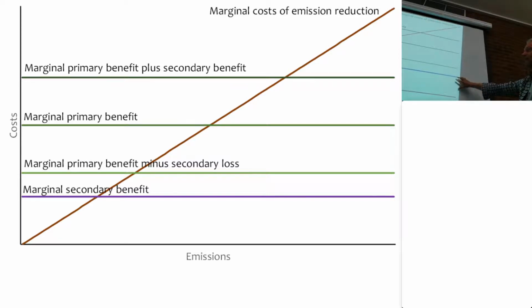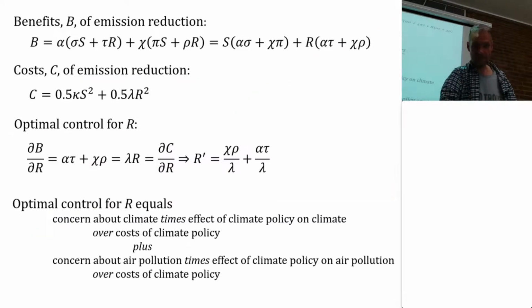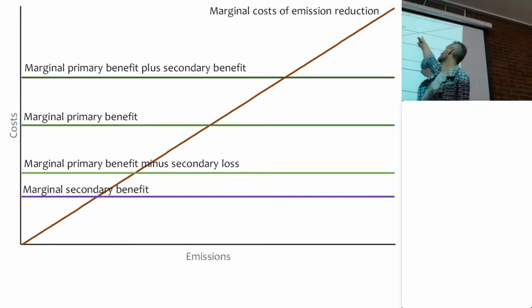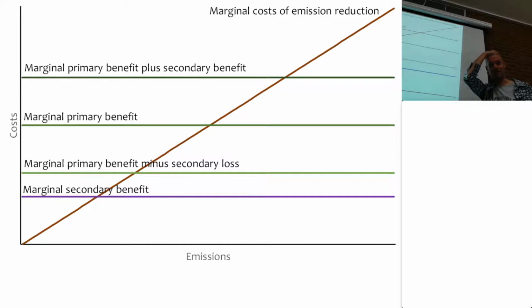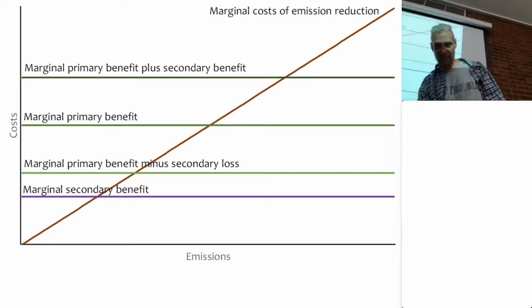Now, if this is a benefit, then you would simply add that particular benefit to arrive at this point. But we did not make any assumptions on the sign of this. If it's actually not a benefit but a loss, then of course you would end up here, right? So that is how it looks.